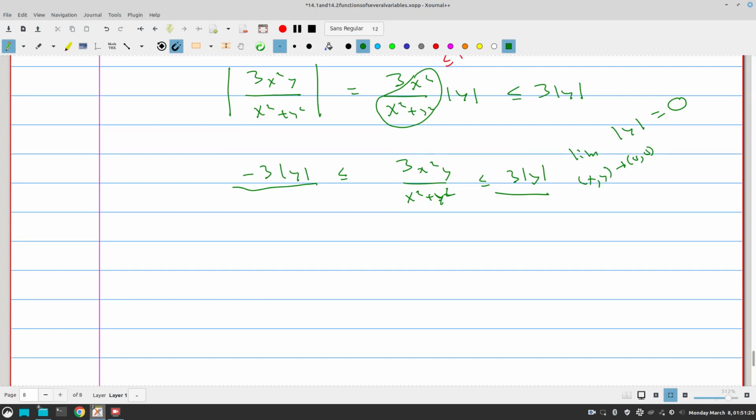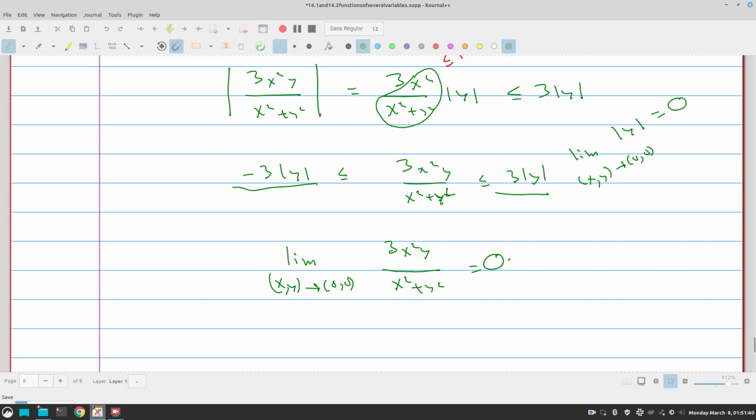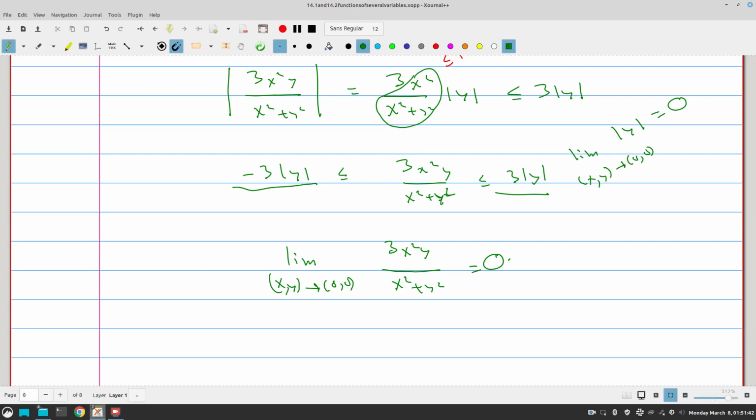So you get that the limit as x, y goes to 0, 0 of 3 x squared y over x squared plus y squared is 0. Right, so this was an application of the squeeze theorem.